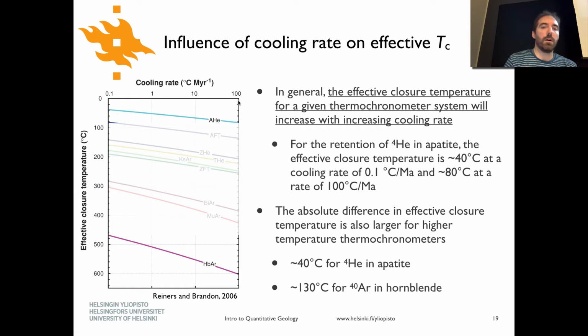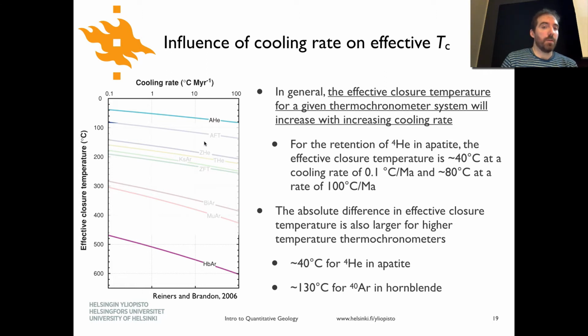And at a cooling rate of 100 degrees C per million years, the closure temperature is about 80 degrees. And if you're interested, I can talk maybe individually with people afterwards about why it is that the closure temperature goes up. The explanation is, from what I found, not that complicated, but I never seem to be able to articulate it very well in front of a class, so it's easier if I can sit with you and draw a picture or something like that.